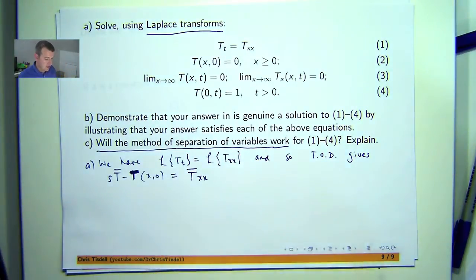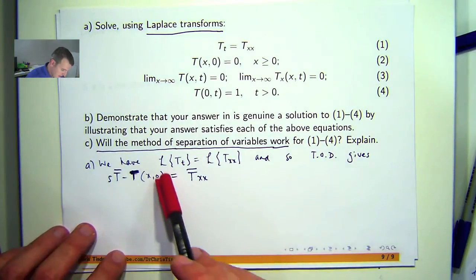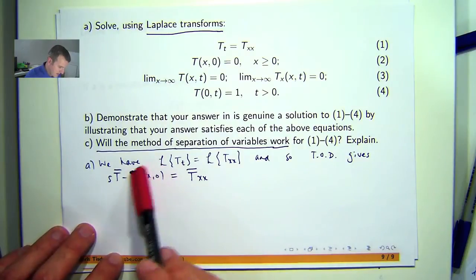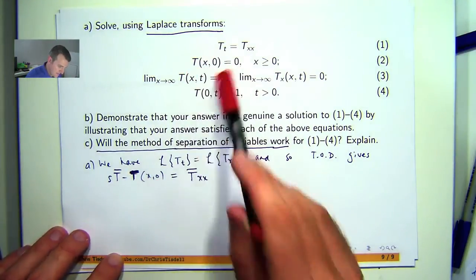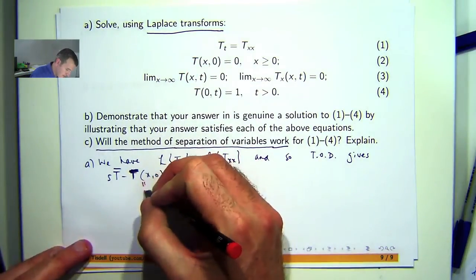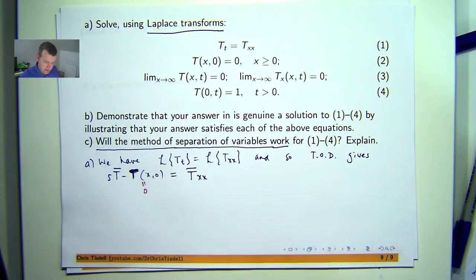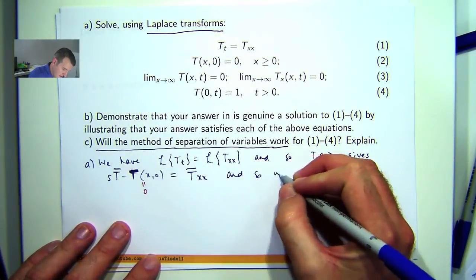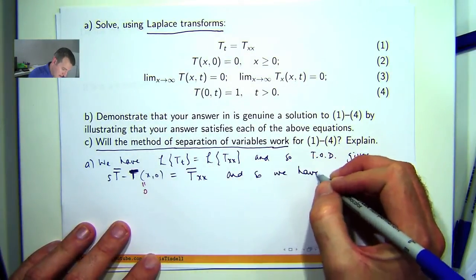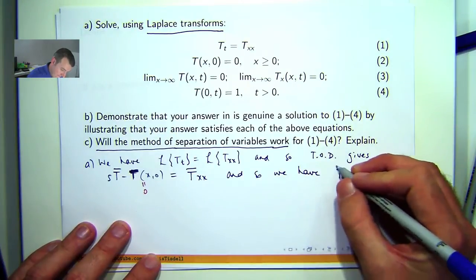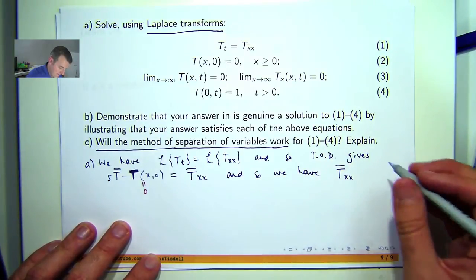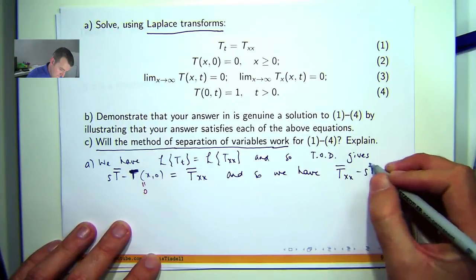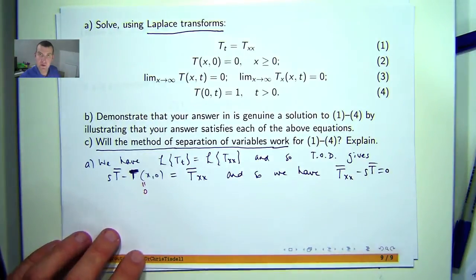Okay, so we've used transform of derivatives. We can clean this up a bit by using the fact that this is here, so that's 0, and so we come up with the following ODE. Now, why do I call this an ODE?